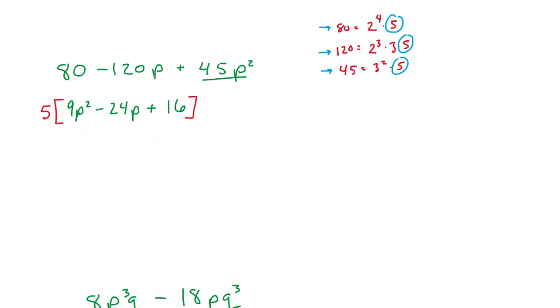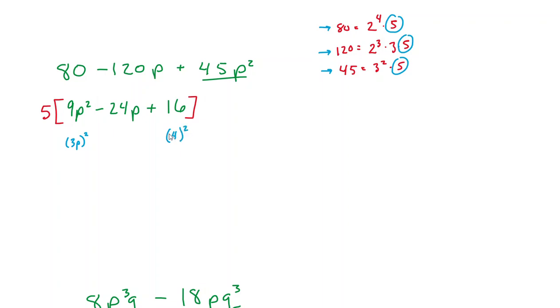Now, I'm not sure if this is going to work, but let's try our patterns just in case. 9p squared is really 3p times 3p, right? 3 times 3 is 9, and p times p is p squared. And 16 is 4 squared.